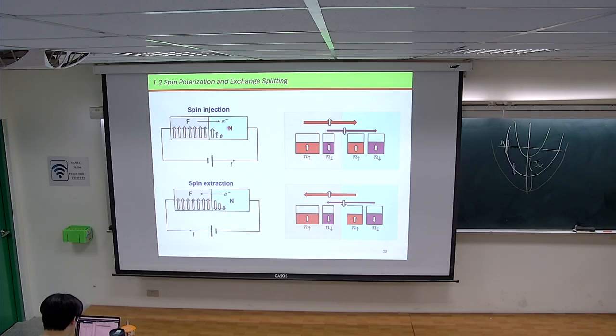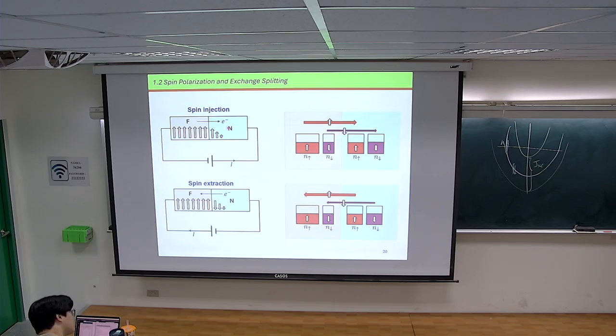Now if I reverse the direction of the current, what happens is that the electrons from the normal region are going to the ferromagnet. In this magnetic region, we have more states available with the spin up. So there are more states with the spin up that are able to go from the normal region into the ferromagnet. So you are losing spin up electrons, and you end up with spin down electrons.